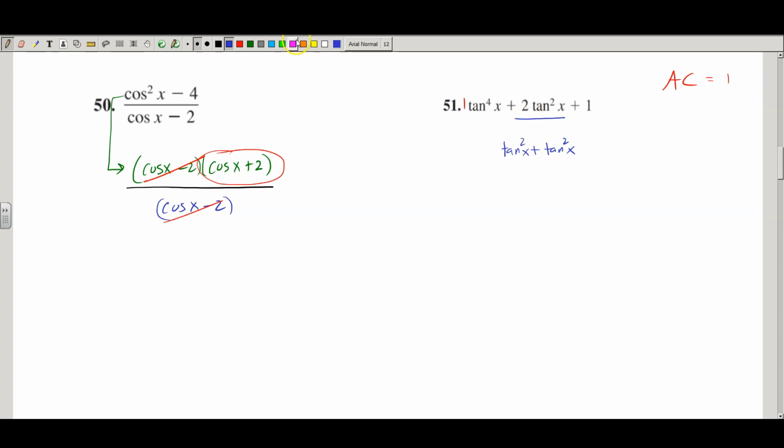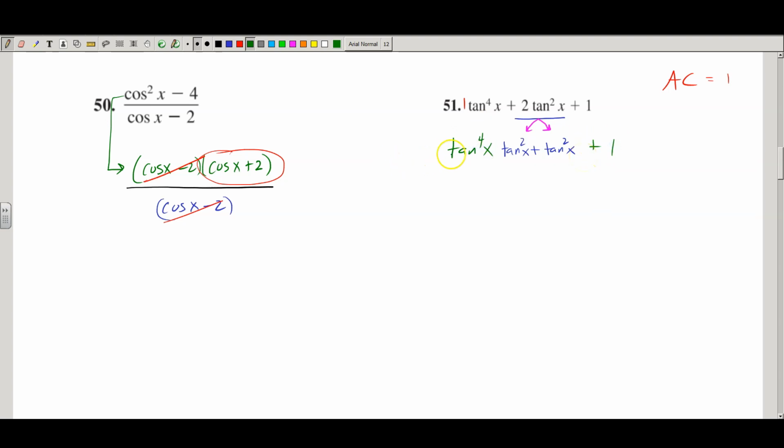The only difference here is that when you are splitting this middle term, my two terms are going to be squared, because since my whole middle term is a tangent squared, when I add up to 2 tangent squared, I have to have 1 tangent squared plus another tangent squared. That's really the only difference there. So we're going to bring down the first term, tangent to the 4th x, and then a plus 1.